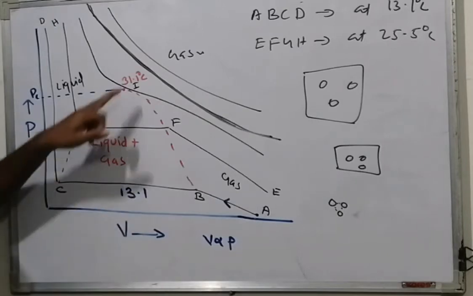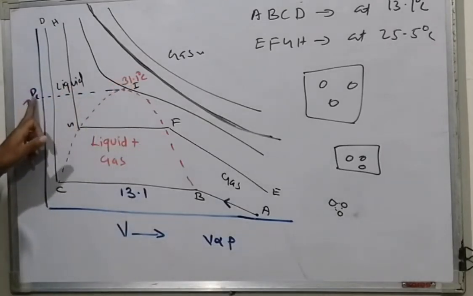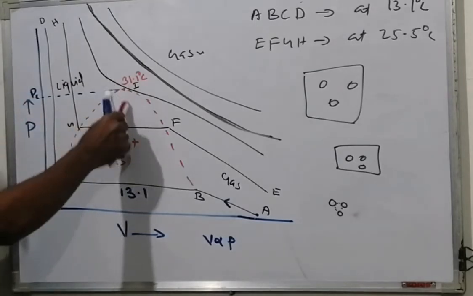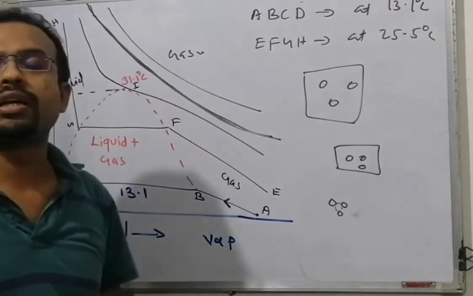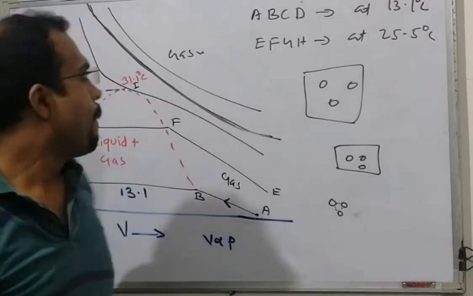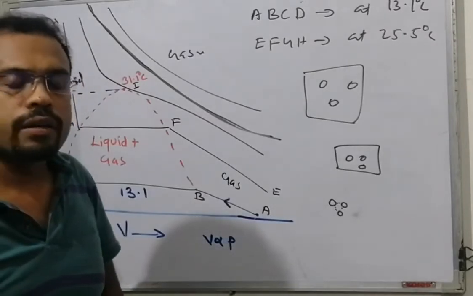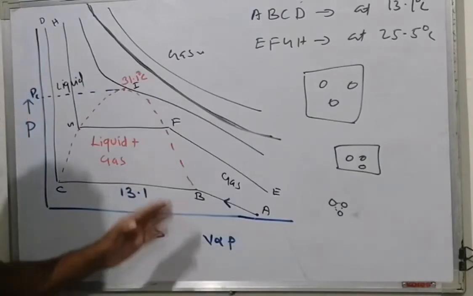Okay. Now this is the critical temperature of carbon dioxide. This is the critical pressure of carbon dioxide. The volume at that critical temperature and critical pressure is the critical volume of the gas, carbon dioxide. The values I have given here.